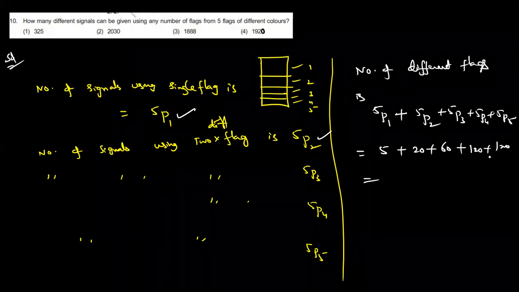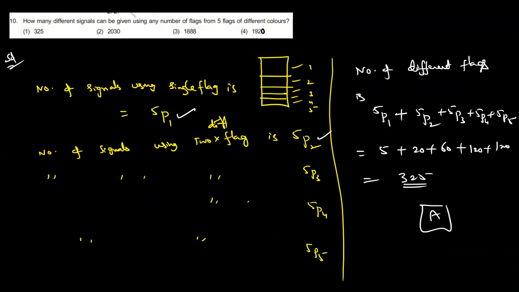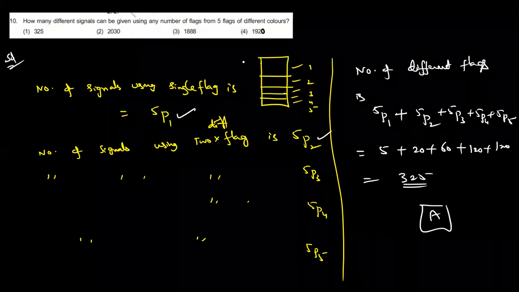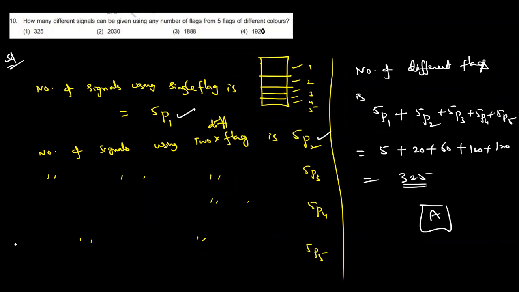So simplify: 5 plus 20 plus 60 plus 120 plus 120 gives 325. 325 is the correct answer. Three different flags, 4 different flags, 5 different flags.